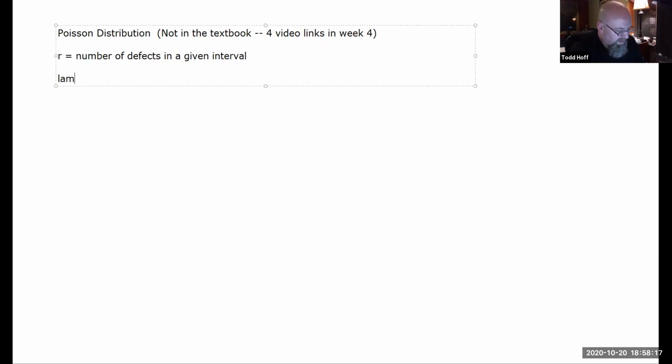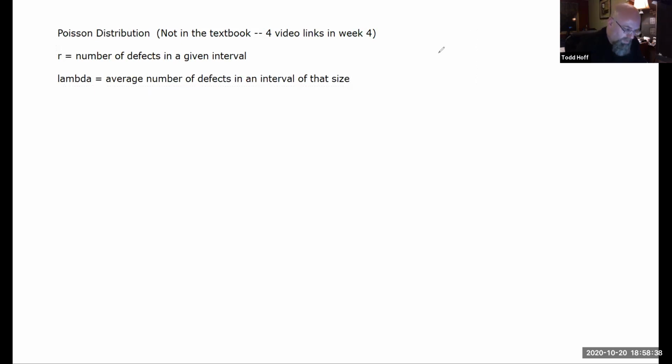Lambda is the average number of defects in an interval of that size. Now, lambda, I wrote it out as a word, but it's really that Greek kind of upside down Y.